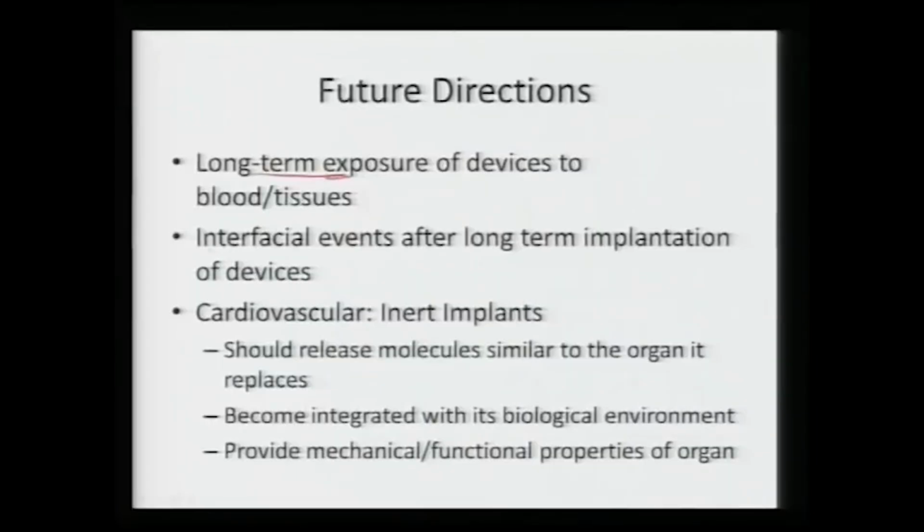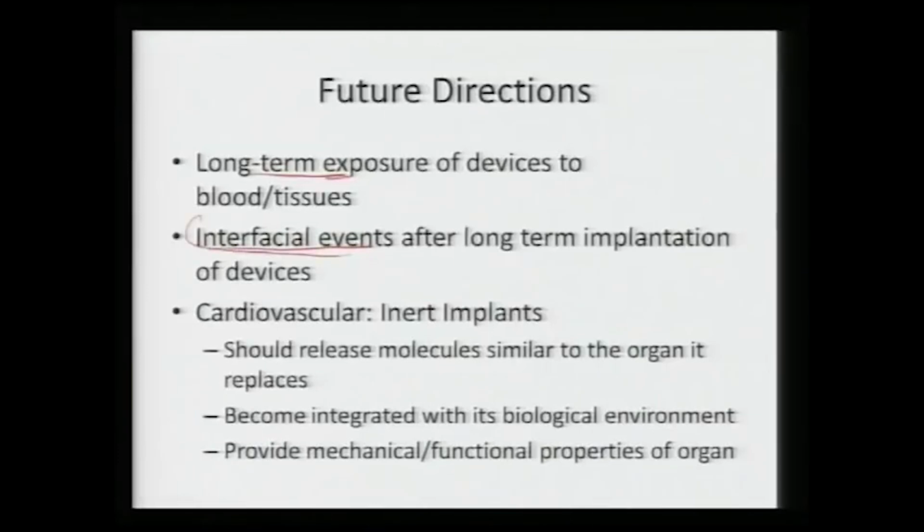And again, interfacial events become of prime importance, because as soon as this device is inserted into the body, there will be certain protein adsorption, then release of certain harmful bacteria or even infection, and again some formation of fibrin or fibrinogen or macrophages over the surface, and formation of pseudo-intimal tissues or such features.